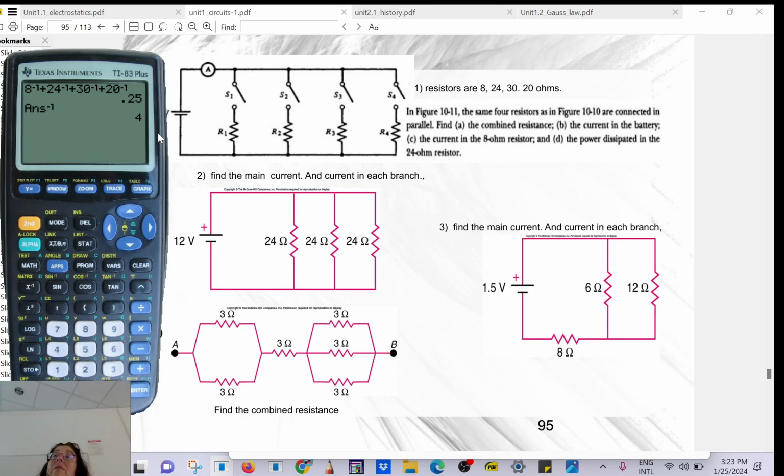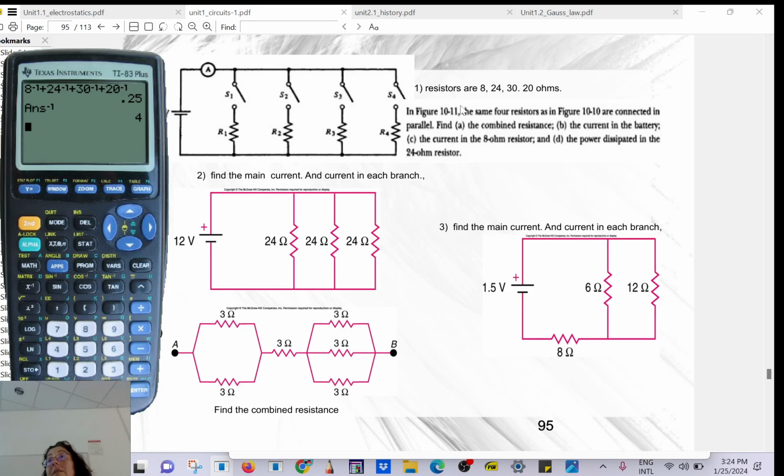Typical conceptual question for the test. The equivalent resistance that you get is always smaller than the smallest one. What is the smallest one here? 8. 4 will be smaller than 8 because in a parallel circuit, you are draining more current than you do in a circuit in series.